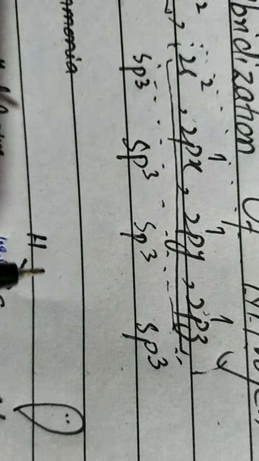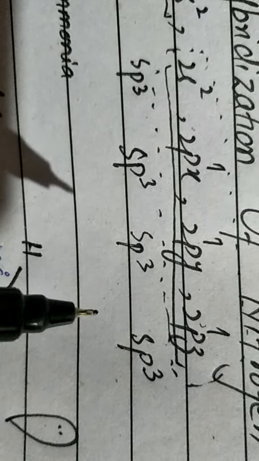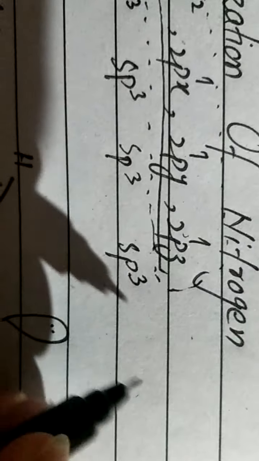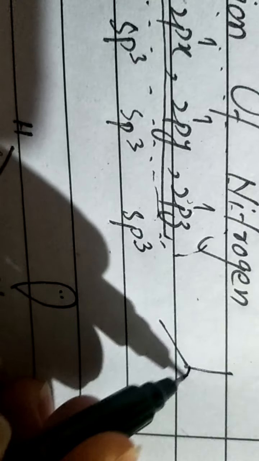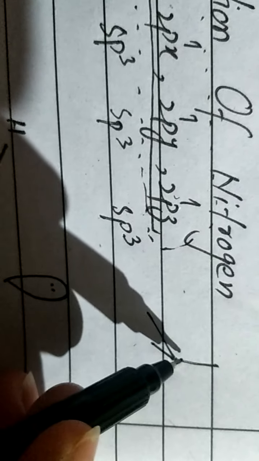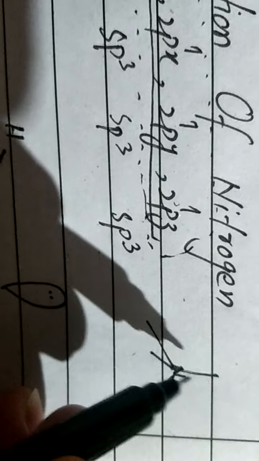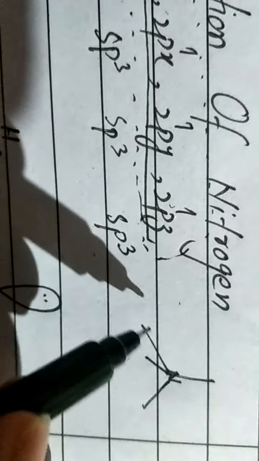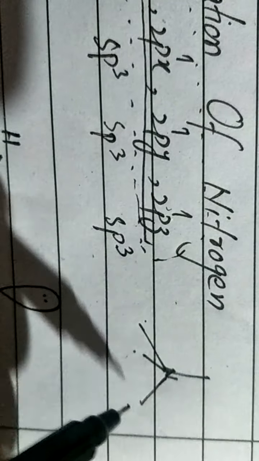The 4 sp3 hybrid orbitals of nitrogen are directed towards the corners of a regular tetrahedron. The tetrahedral structure is just like this one: center nitrogen, and 1, 2, 3 and 4 atoms.